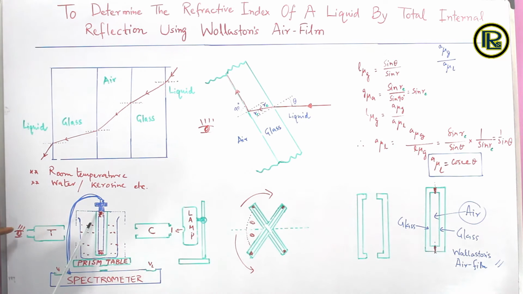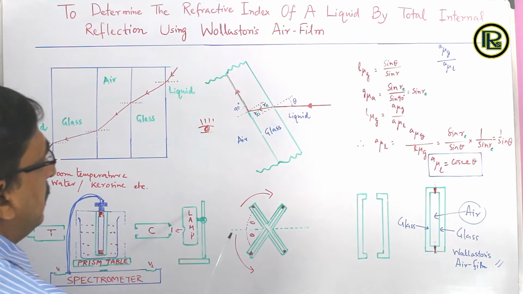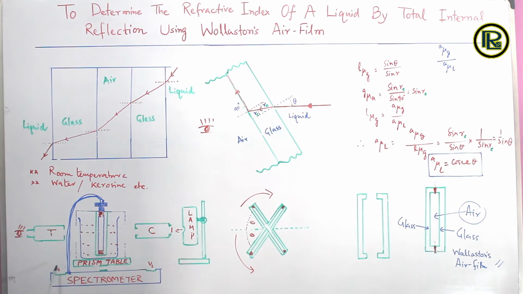So we have to rotate the air film and keep on watching through the telescope at the image of slit of the collimator, and we have to find out at what angle theta the image disappears. So that is the value we have to find out from the reading of the two verniers V1 and V2.